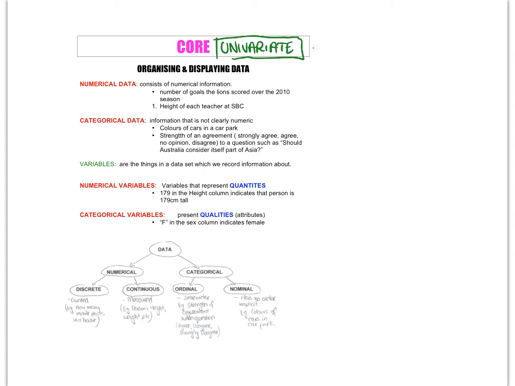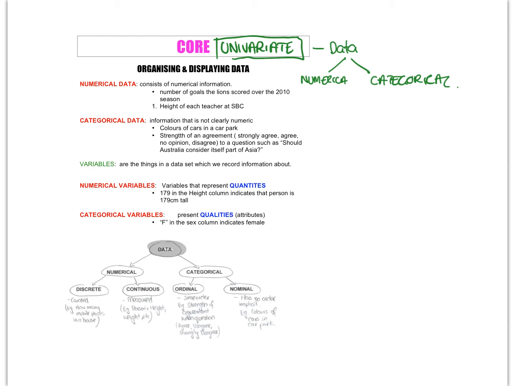Data can be put into categories. First of all, we would have two categories. We can either have numerical data or we can have categorical. You can see it down there in your list below.